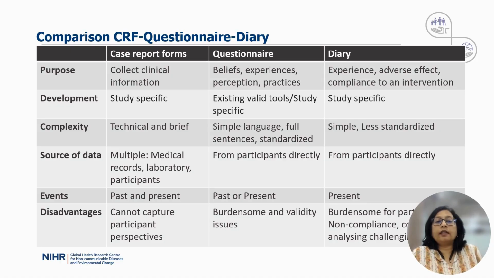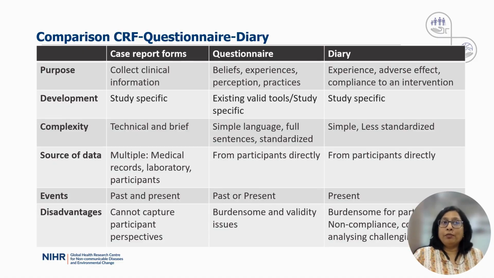So clinical trials can also have questionnaires in the form of patient-reported outcome measures. Questionnaires can be burdensome. They are not brief, so you need to be mindful of the length, and they can also have validity issues. Diaries are burdensome to the participant who completes them, which might lead to non-compliance, and also because they are not standardized, it's quite challenging to collate and analyze them.